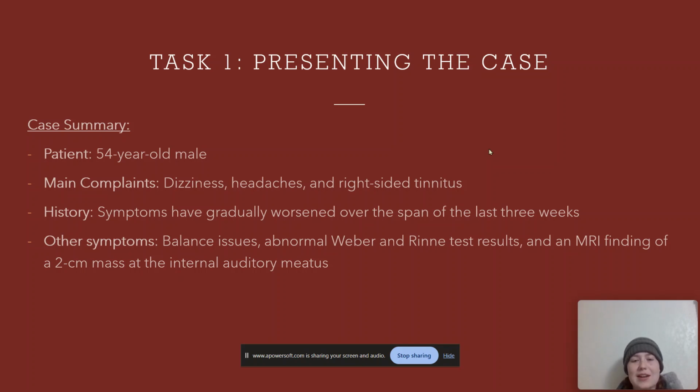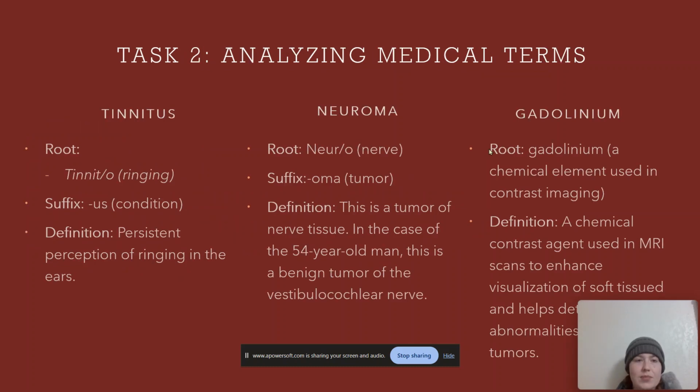But then, on top of that, some symptoms that were showing, other than the dizziness and headaches, were balance issues. And then, upon further tests, some abnormal Weber and Rinne test results, and then also an MRI result of the finding of a 2 centimeter mass on the internal auditory meatus.